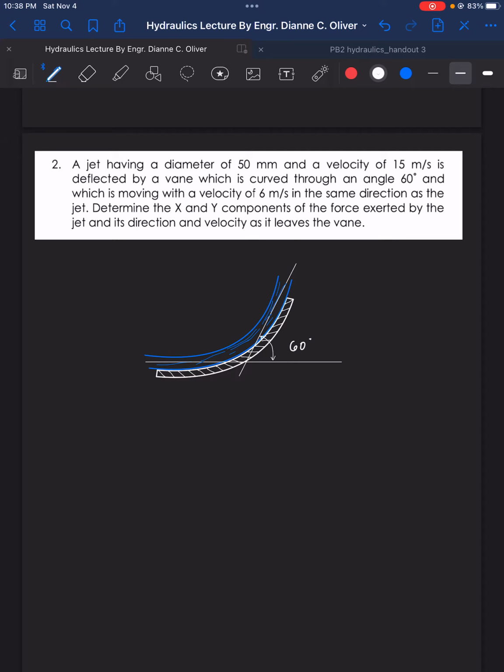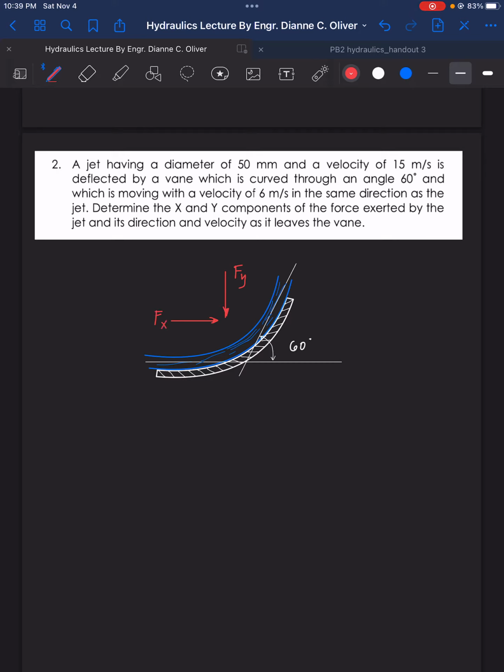So what we're looking for here is to determine the x and y components of the force exerted by the jet and its direction and velocity as it leaves the vane. So this is our x and y components, x and y. So we will have here Fy and then this is the Fx.